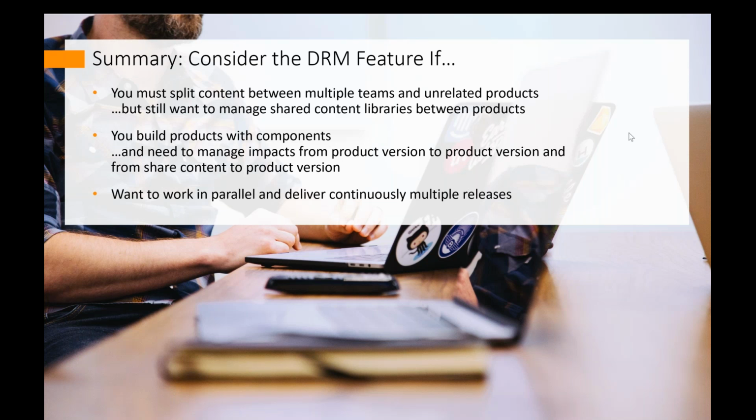If your product is built as an aggregation of components and variants, and you need to manage the applicability of changes between these components and products. And the last one is really if you want to work in parallel and deliver continuously multiple releases, DRM is probably the right answer for you.